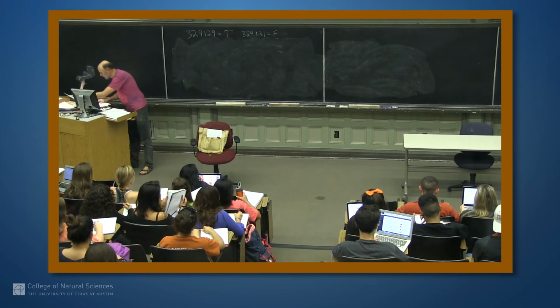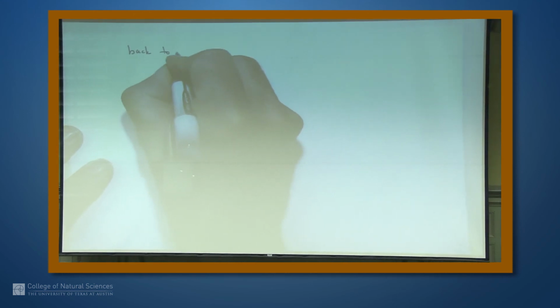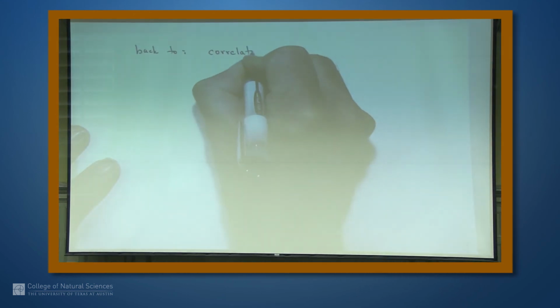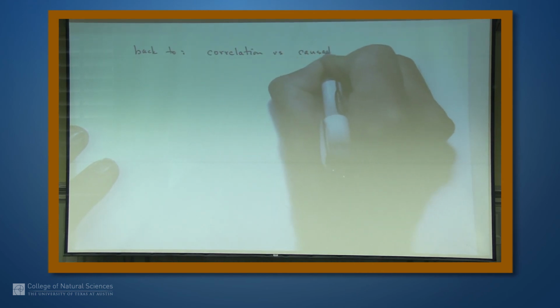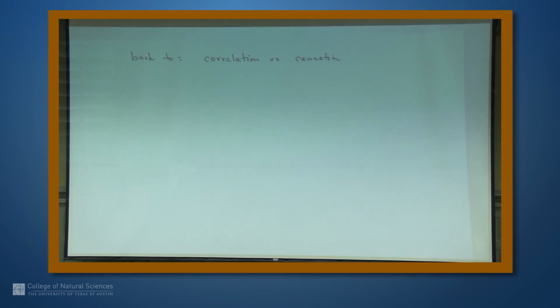So where we are is we're in evaluation, and we're focusing on correlation versus causation. Correlations can usually be graphed.